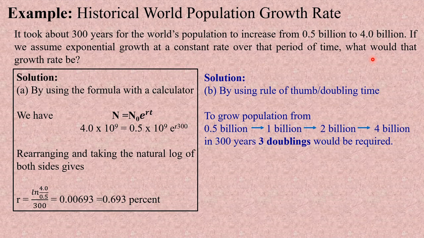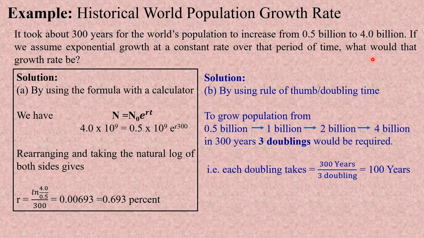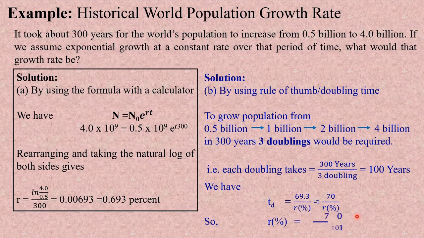So for one doubling it takes 100 years. So by putting this formula that we have, that is 69.3 by r square. So if we put td is equal to 100, then percent r, or the fraction, is 0.7%.